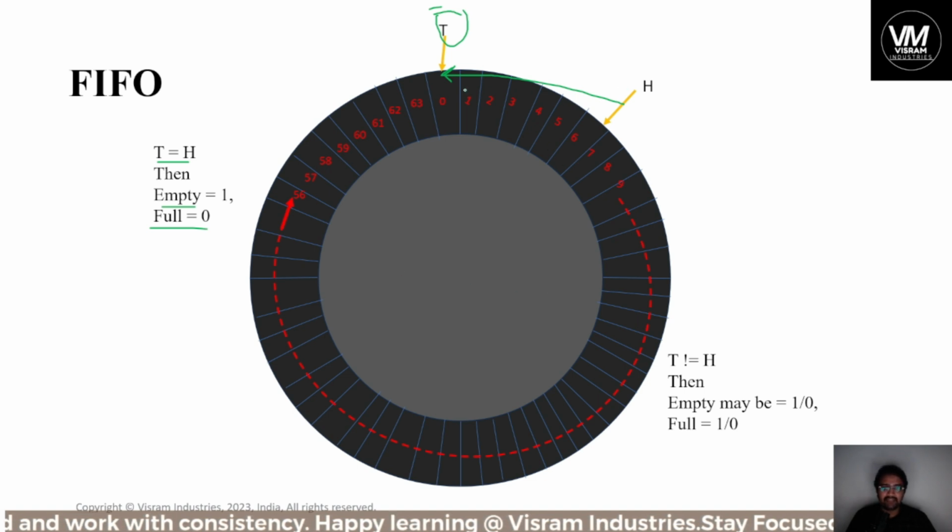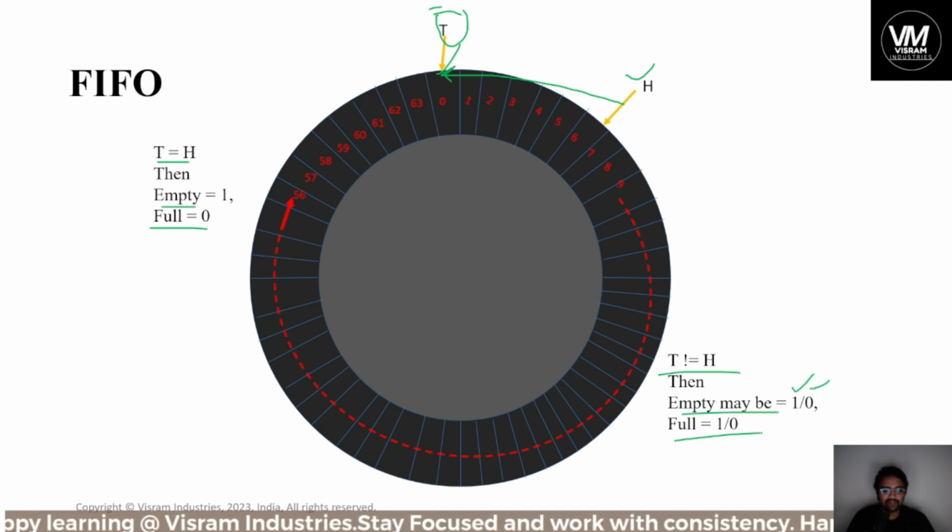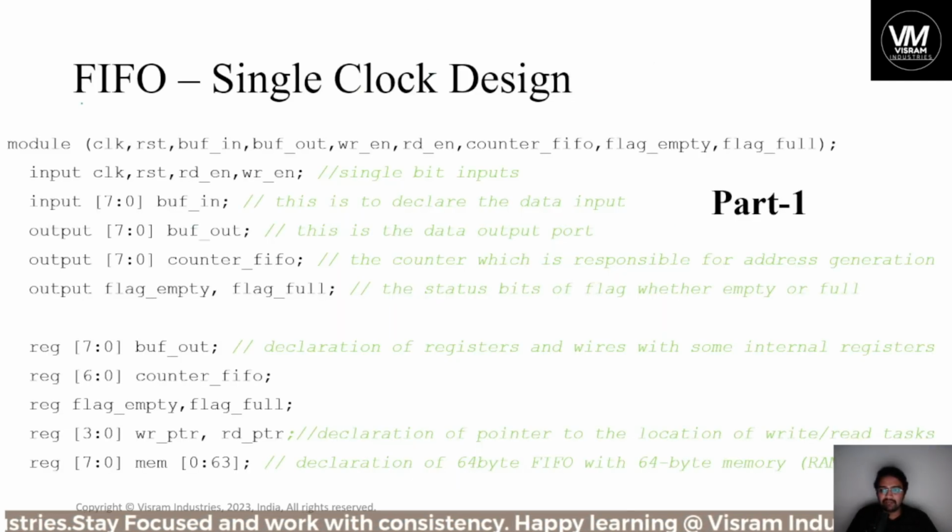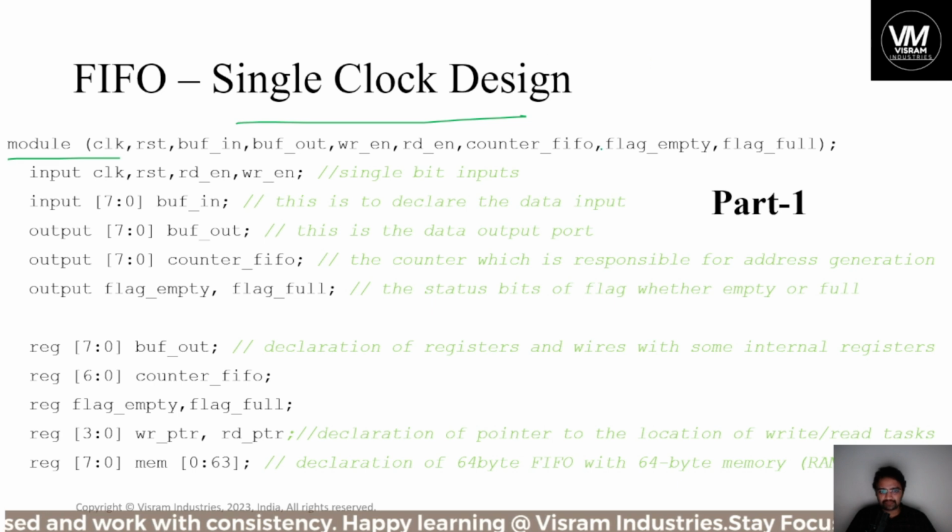But if the tail pointer and header pointer are at different locations, then what is it considered as? It is considered as empty may be 1 or 0, or full may be 1 or 0. That means the read and write process are done or going on. So we don't know; that we will get to know with the basic Verilog HDL understanding. Now let us write a single clock design FIFO.